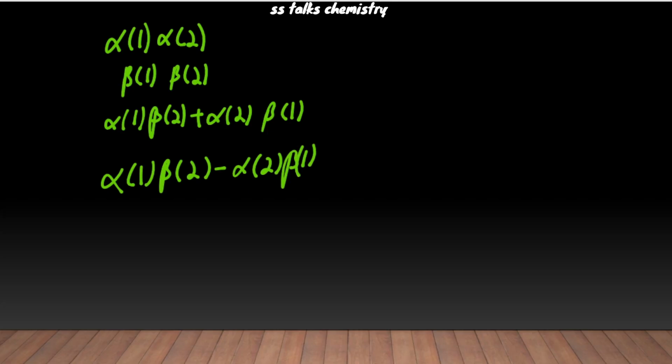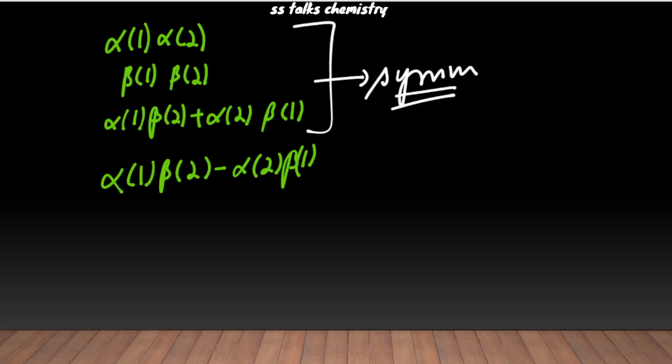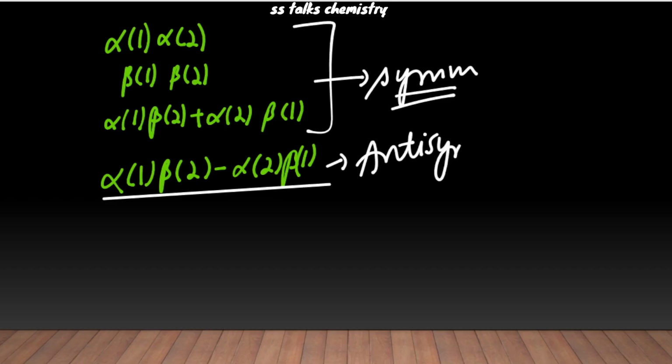Out of this, the first three spin wave functions are symmetric in nature, right? What is meant by the term symmetric? If I change the values of 1 and 2 and I get the same result, then that particular wave function is symmetric. Whereas this part, alpha 1 beta 2 minus alpha 2 beta 1, is anti-symmetric in nature.